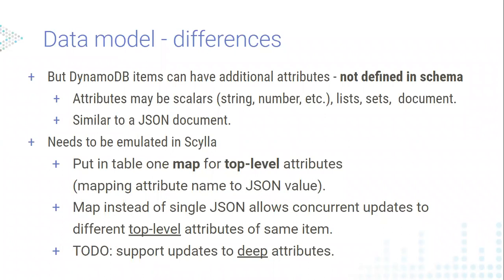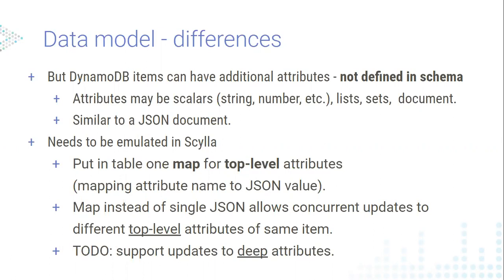Another option would have been to keep the entire JSON document as one column inside Scylla. But the nice thing about having a map is that it allows the user to do concurrent updates safely to different top-level attributes of the same item. So this is why we did it this way.